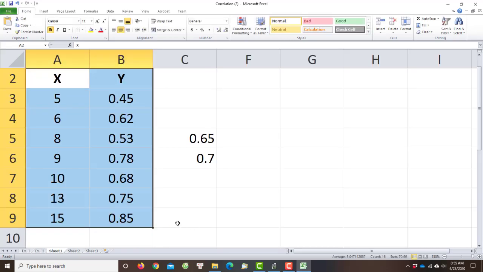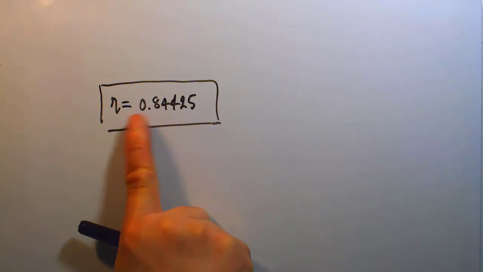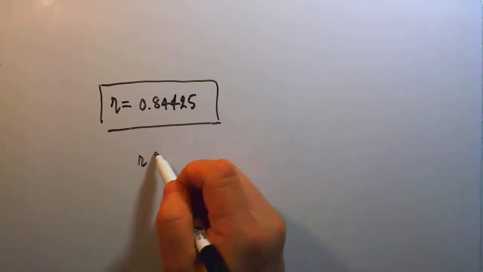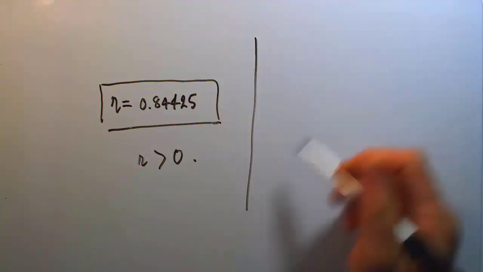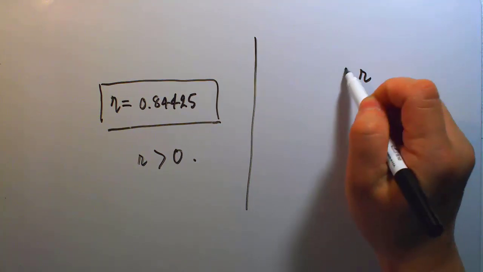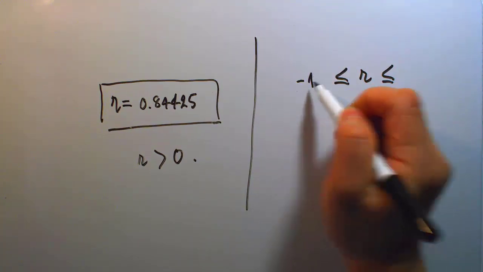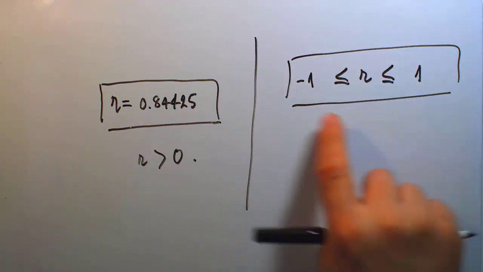And now the calculated value is 0.84425, so R is a positive value. And once again, R after calculation came out somewhere inside of this interval between -1 and 1.